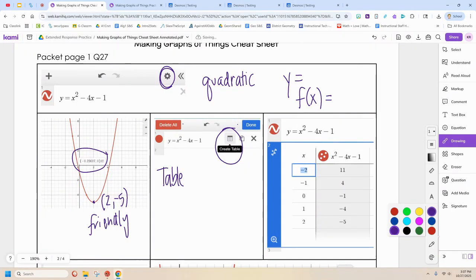And when you tap on that, you will automatically get a table that is from -2 to +2. Now that may or may not be helpful to you. In this scenario, the -2 does not help us because our graph paper does not go up to +11. However, that does mean that this -1, 4 is the first good point that I can plot.